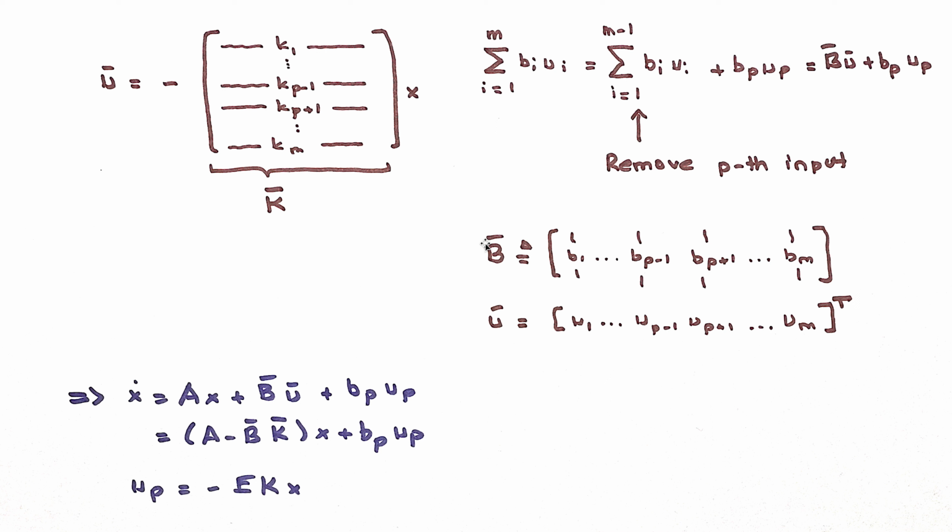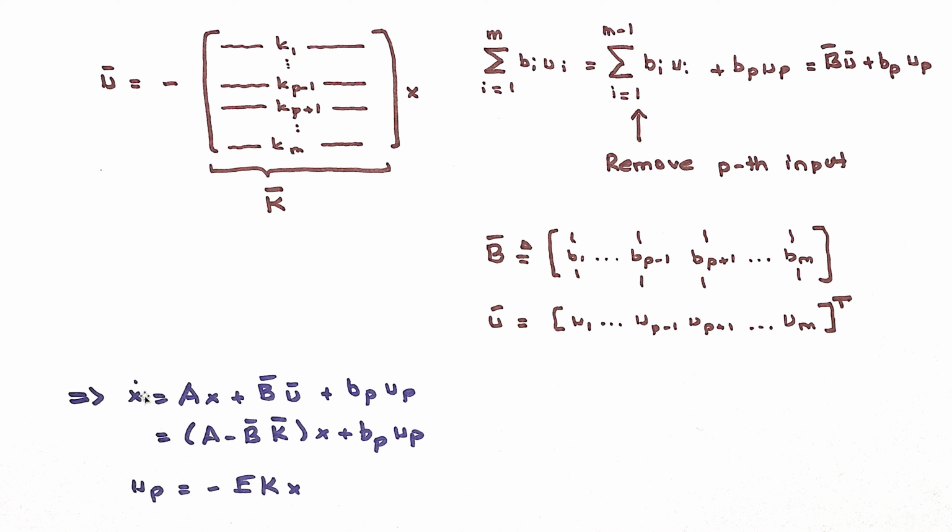In this case, if you define B bar to be B1 to Bp minus 1, I am removing Bp because I am separating it. And U bar, here I am removing the PEAT control channel from U1 to Up minus 1, Up plus 1 to Um, transpose, don't forget transpose. So I can represent Bu, or the summation of Biui, to be B bar U bar. These are all the other control channels, but not Up, plus Bpup. Right, now Up is basically a scalar.